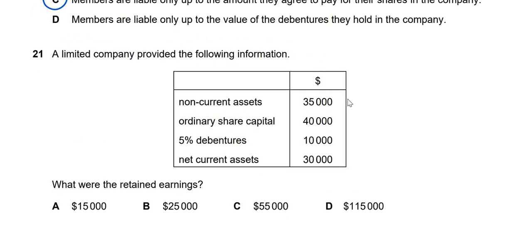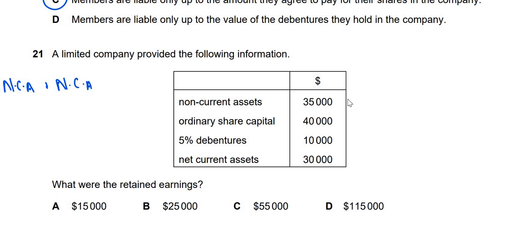A limited company provided the following information: non-current assets, ordinary shares, debentures, net current assets. So what were the retained earnings? Look, retained earnings, basically you will do non-current assets plus net current assets.